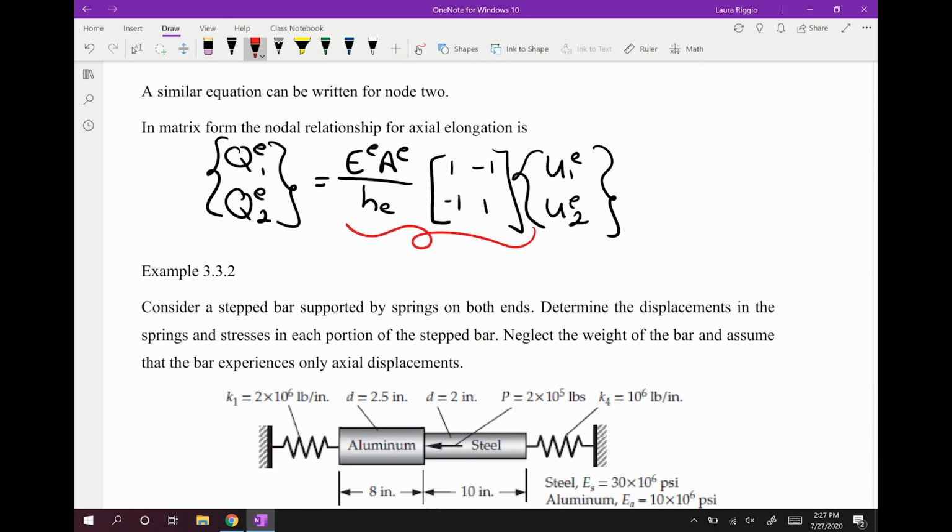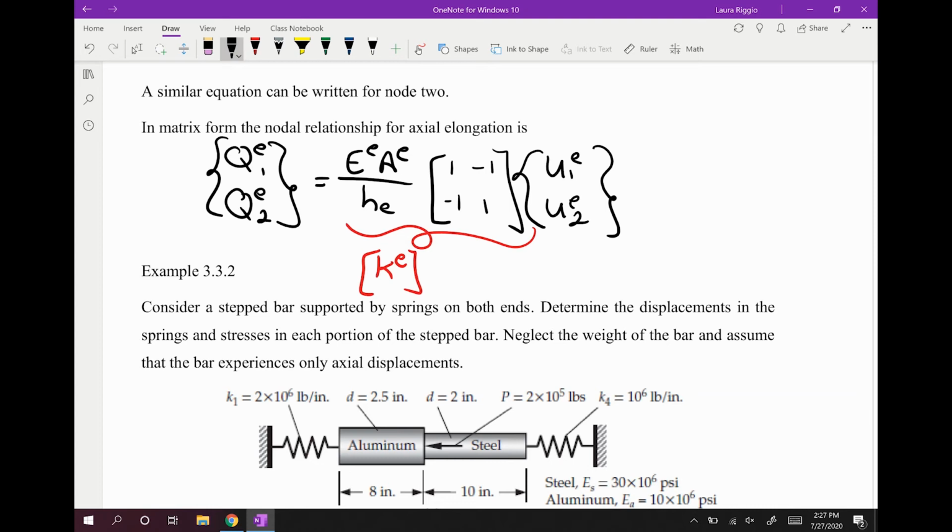This becomes our matrix KE, where our modulus of elasticity times our cross-sectional area divided by our initial length is sort of like our spring constant in the previous work with the springs.